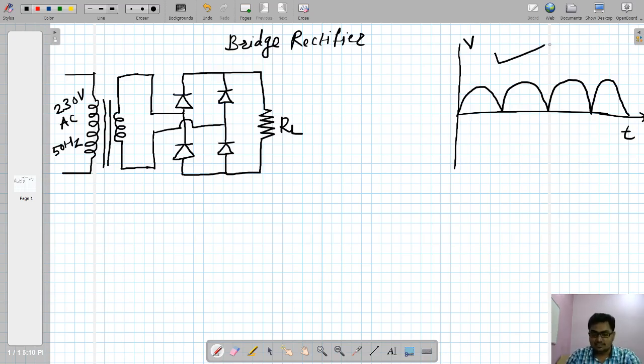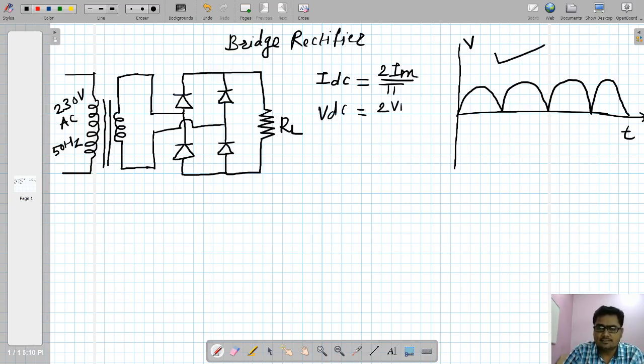It means if I calculate IDC for bridge rectifier, then that IDC will be equal to twice Im by pi. Isn't it the same as the IDC of center diode rectifier? If I derive the equation for VDC for this bridge rectifier, obviously it will be the same, twice Vm by pi.